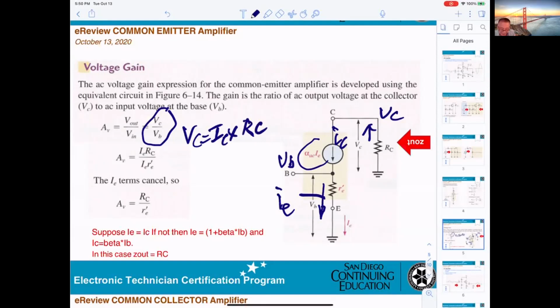In this example here, they're using IE. Why? Because they assume IE and IC are the same.